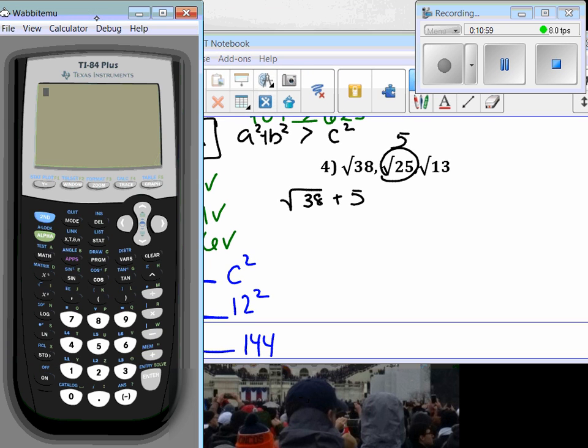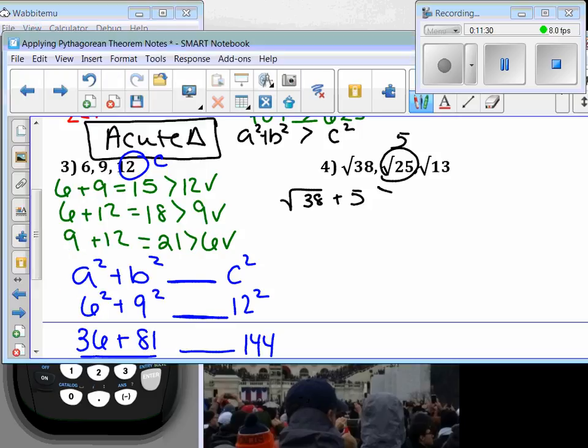So if we take our calculator, we can put in the square root of 38, close your parentheses, and then we can add a 5. So that comes out to be approximately 11.16 in comparison to our third side, which is the square root of 13, which is 3.6 approximately. So we know that value is greater than the square root of 13.